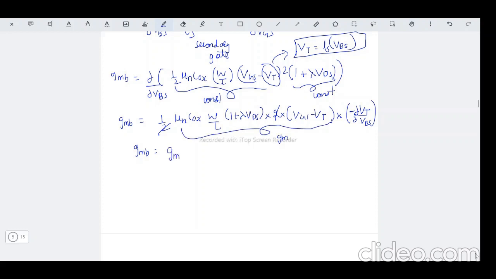So GMB equals gm into ∂VTH by ∂VBS, or we can write it as GMB equal gm into, we can eliminate this minus, ∂VTH divided by ∂VSB, since ∂VTH by ∂VBS is equal to minus of ∂VTH by ∂VSB.